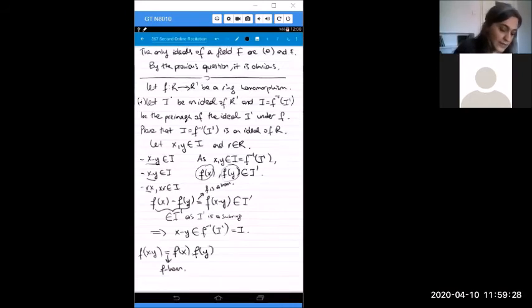Now since f of x is from I prime, f of y is from I prime, this means that this part is in I prime, this part is in I prime, f of x times y is in I prime, giving us that x times y is in f inverse of I prime, which is I, and we have that I is closed under multiplication.